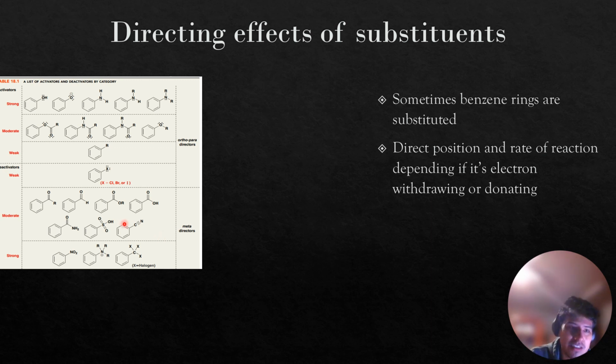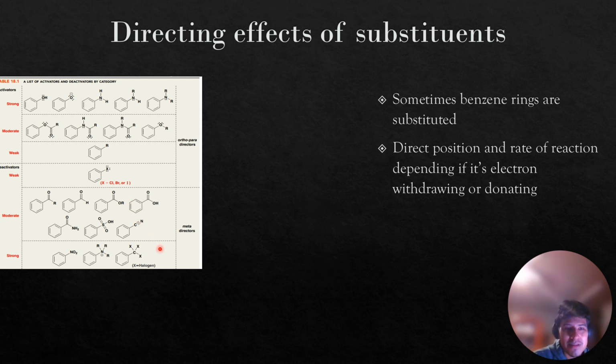If it's an electron withdrawing group, then it can take just one position, and that is the meta position, which, if we were to number this, would be the 1, 2, 3 position.